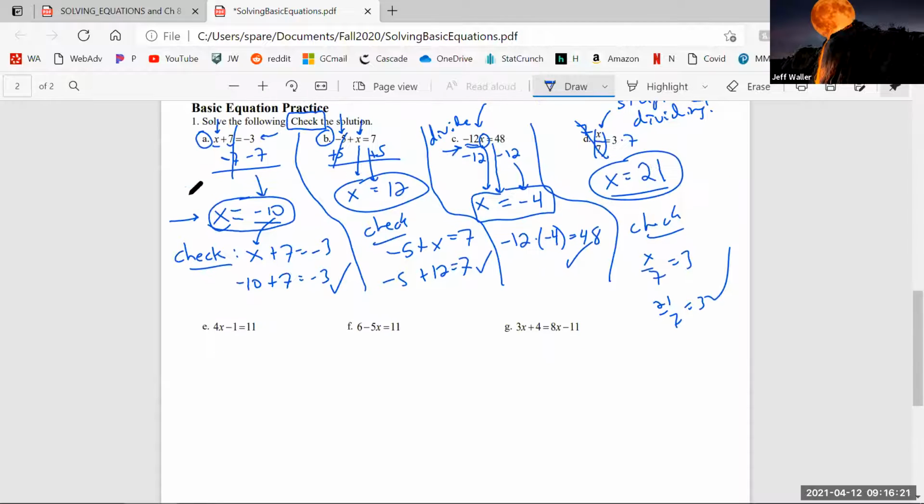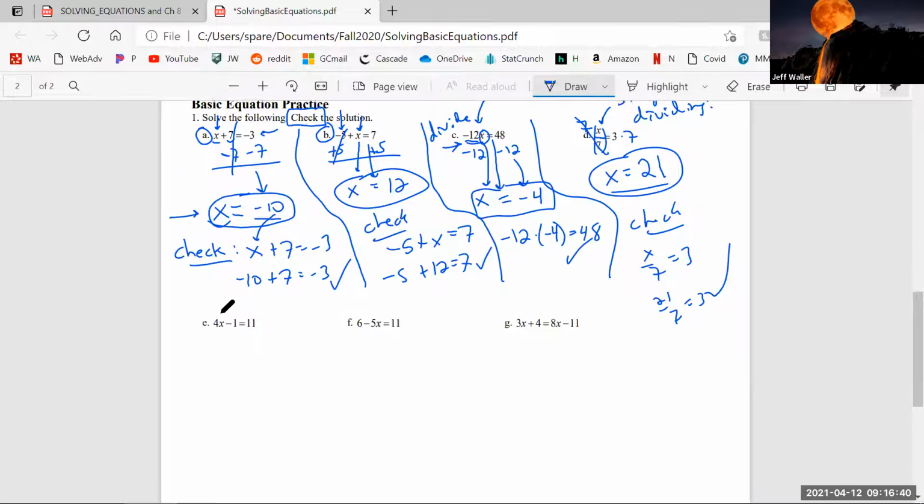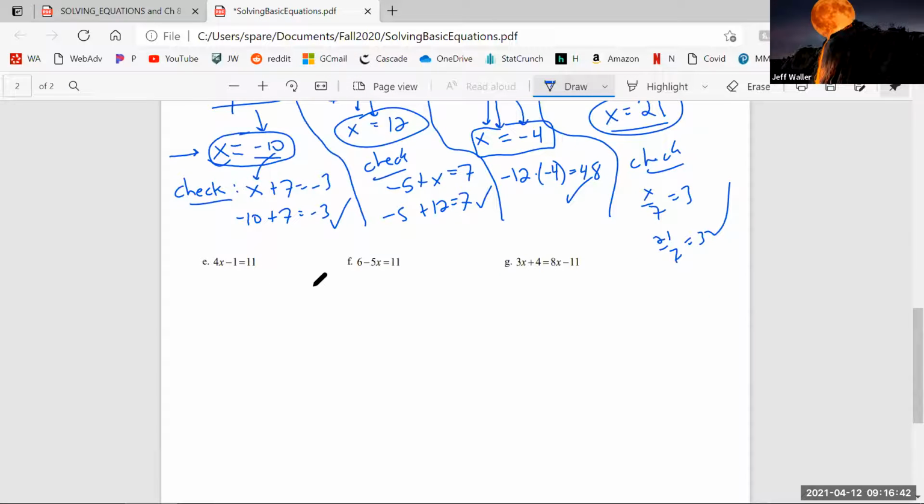All right. So these first 4 represented equations that were only 1 step away from being done. The next 2 are 2 steps away. Can you guys go ahead and do part E? Don't say anything. Go ahead and do part E as I check my Wi-Fi again.